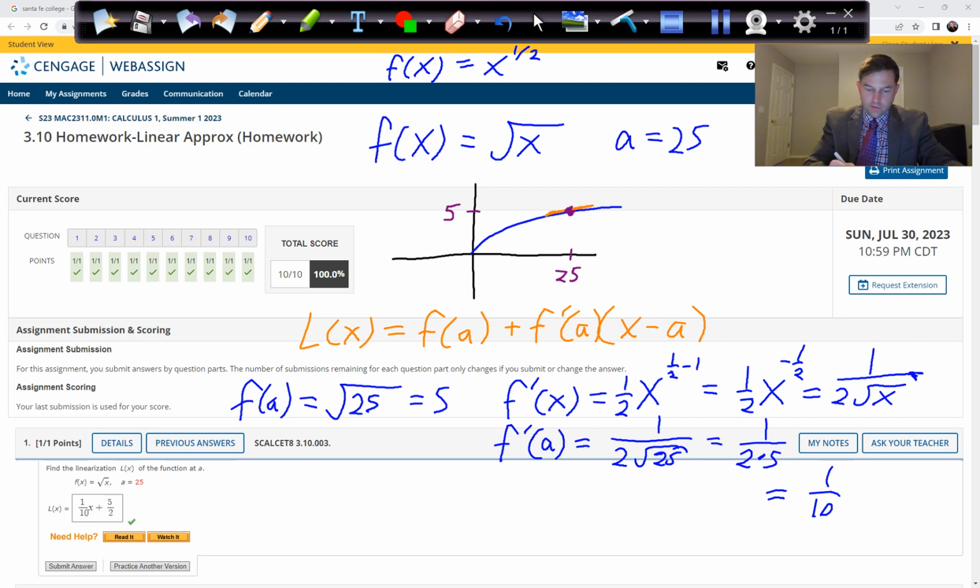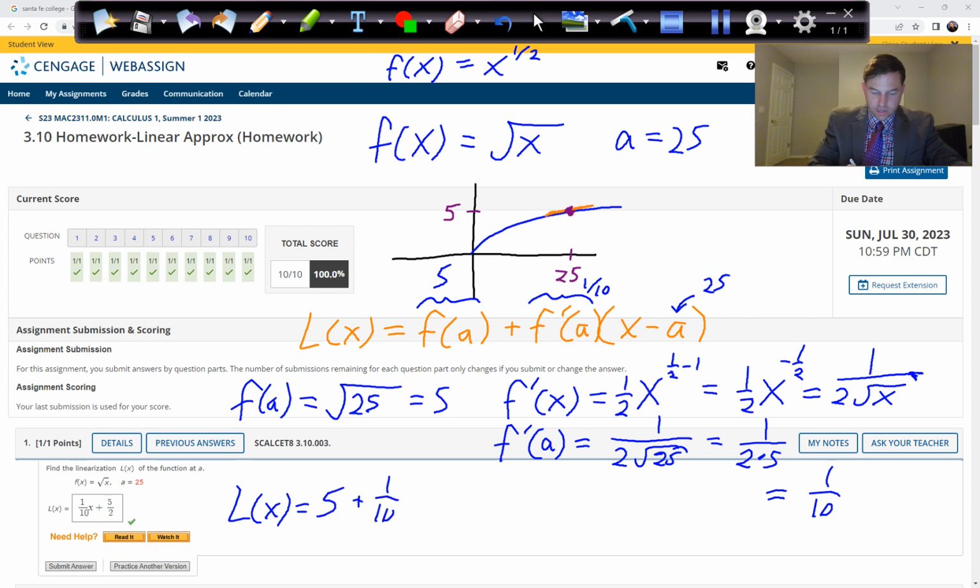So we know f of a is 5. We know f prime of a is 1/10. And we know a is 25. And that's all the things we need to plug in. So the linearization of x is equal to 5 plus 1 over 10 times x minus 25.